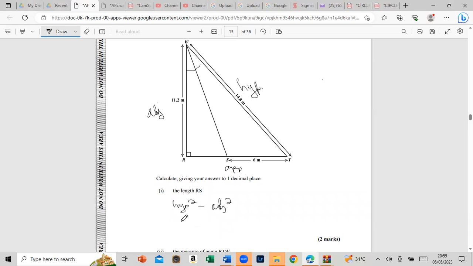So we have 14.8 squared minus 11.2 squared. I'm gonna use my calculator. So 14.8 squared turns out to be 219.04. Who got that?